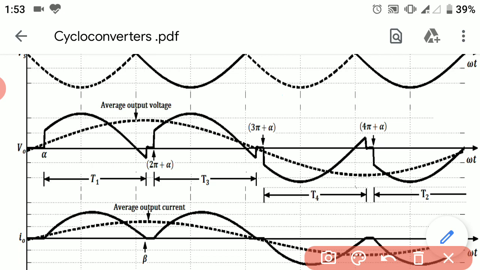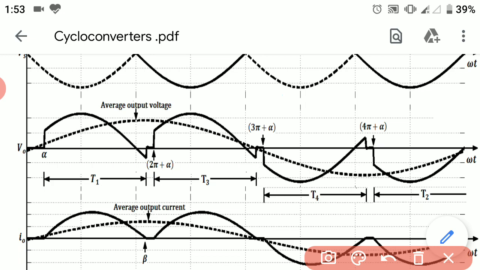So due to improper turn on and turn off of various thyristors, the output current at some time instants is actually 0.